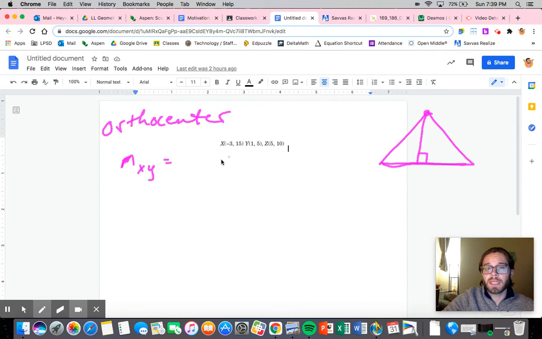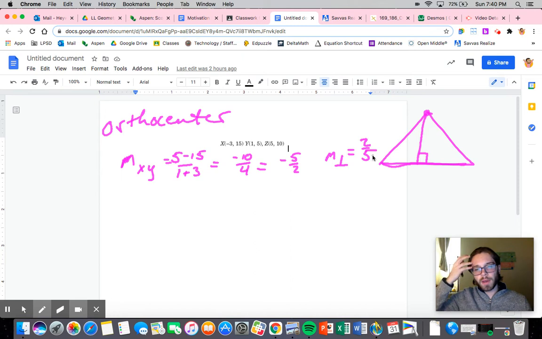So our slope of x and y would be 5 minus 15 over 1 plus 3. It's going to be negative 10 over 4, which is negative 5/2. All right. So now the perpendicular slope of that one would be 2/5. Okay. So there's one of them.